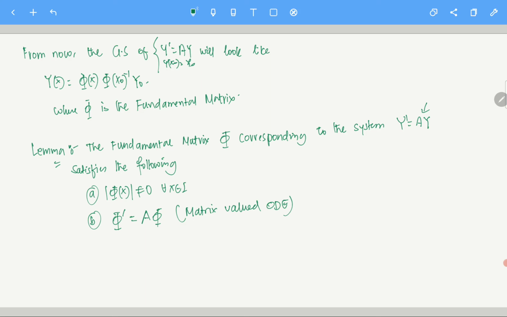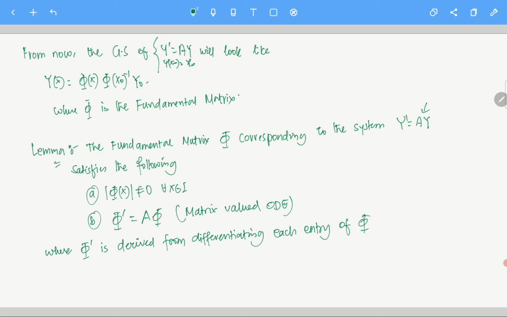And what is phi prime? Capital phi prime is derived from differentiating each entry of phi. Is this clear? So you take phi, differentiate every entry, and that's your phi prime.